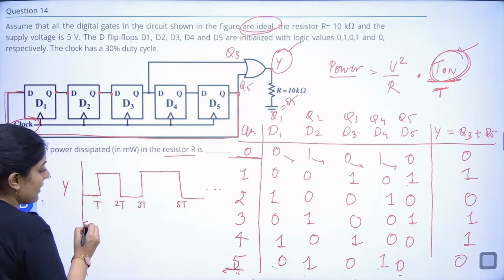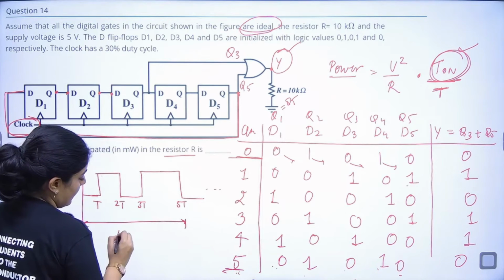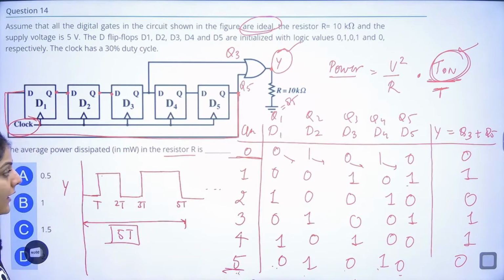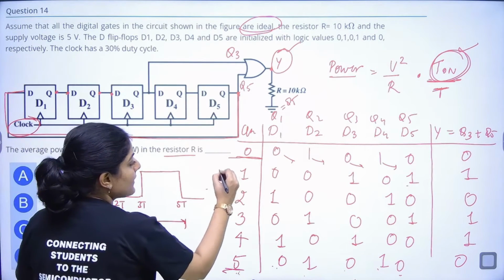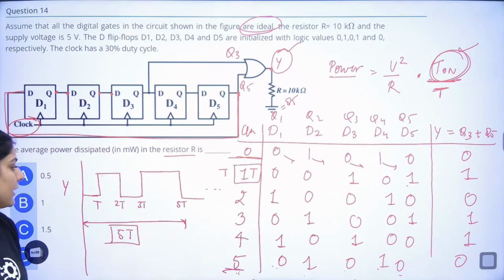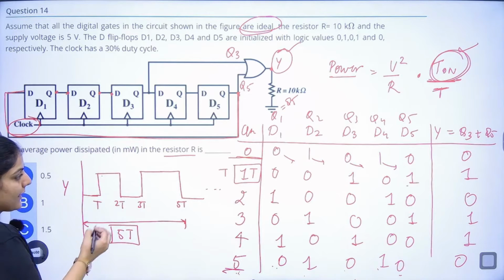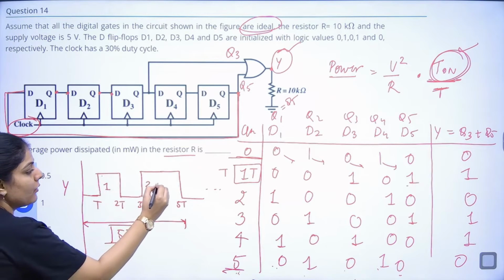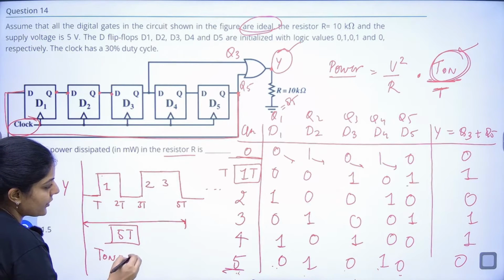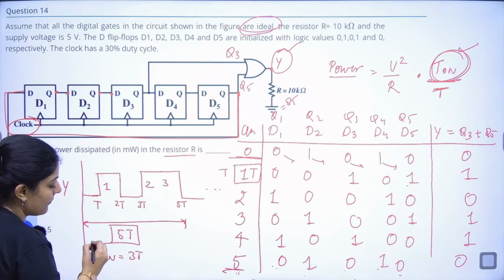So total time is 5T, 5 clock pulses it will need. I am taking 1T as 1 clock pulse. After 5 clock pulses, it is on for 1, 2 and 3. So T on is equal to 3 clock pulses.